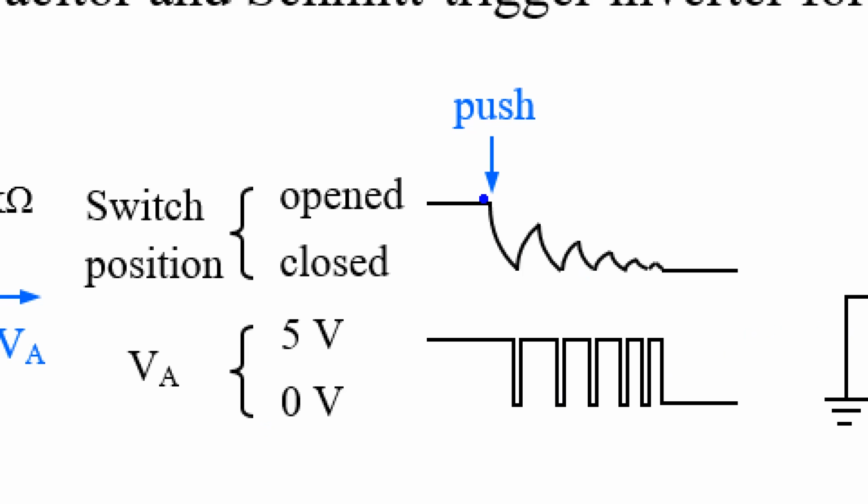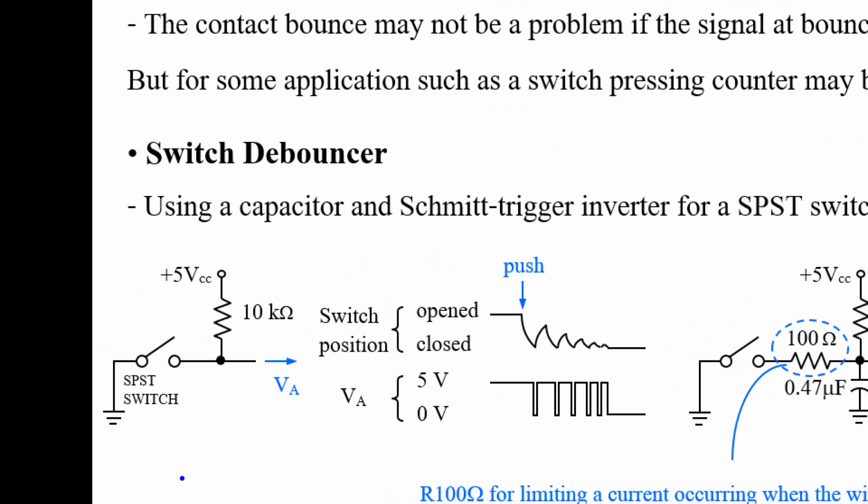When the switch is open at this position, and when we push the switch and the contacts touch together, it becomes 0.